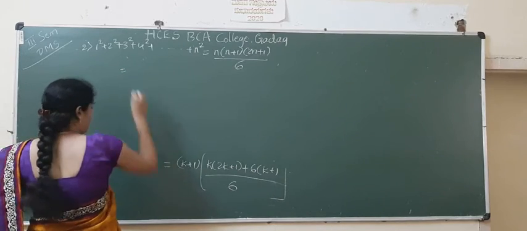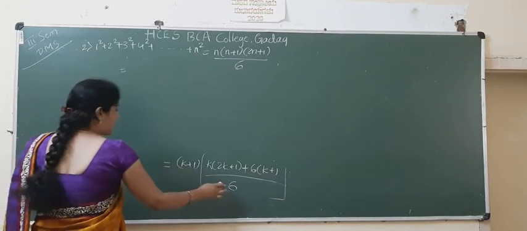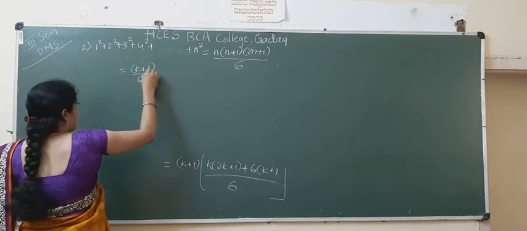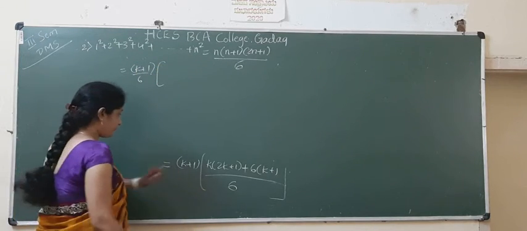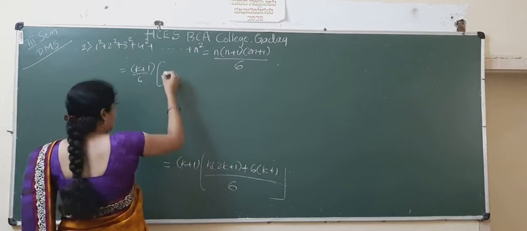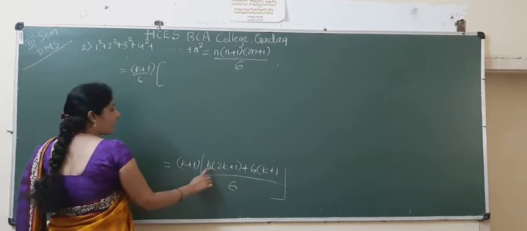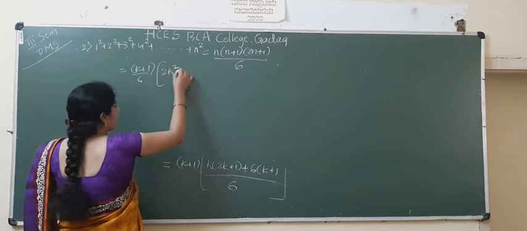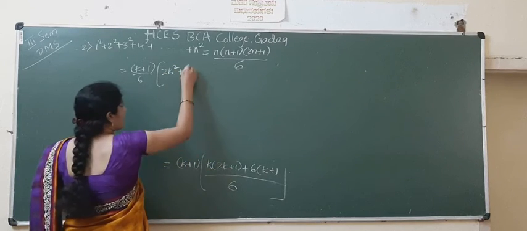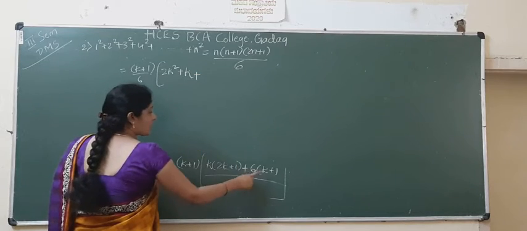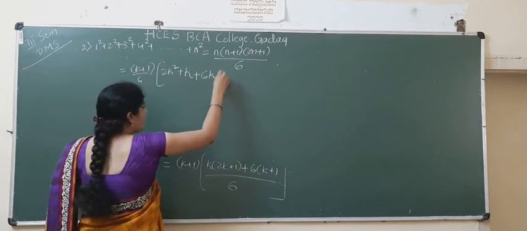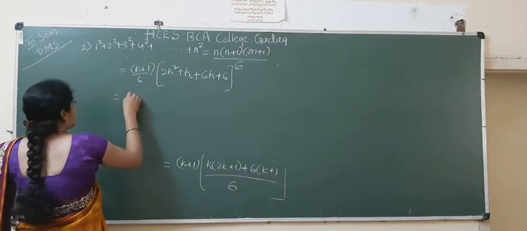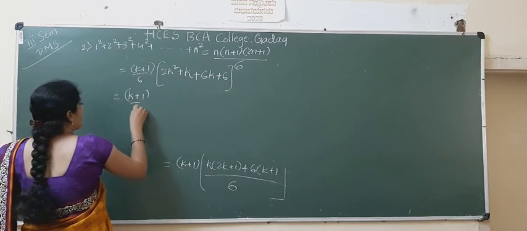So now, let us take 1 by 6 outside, k plus 1 divided by 6, and here if you cross multiply, you will be getting k into 2k square plus k into 1, k, plus 6 into k, 6k, plus 6 ones are 6. k plus 1 divided by 6.